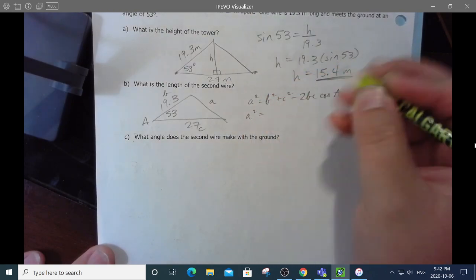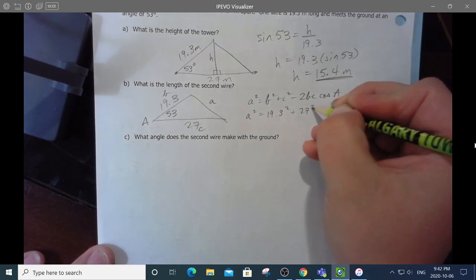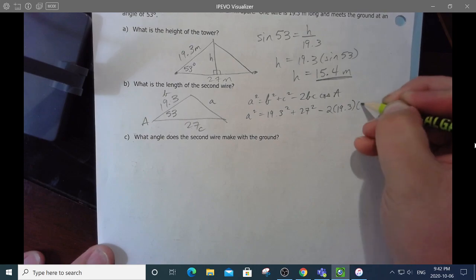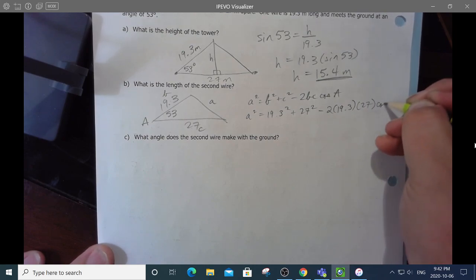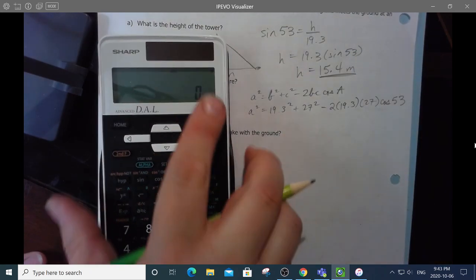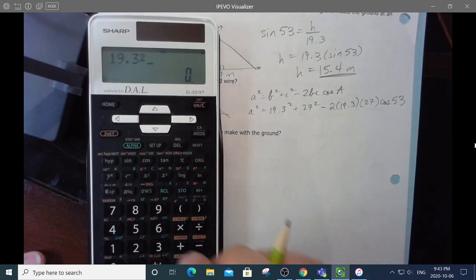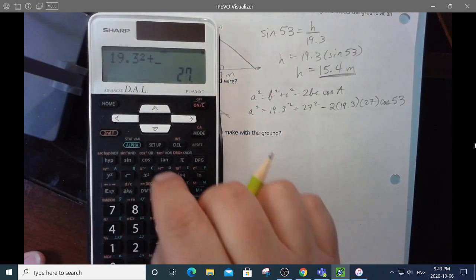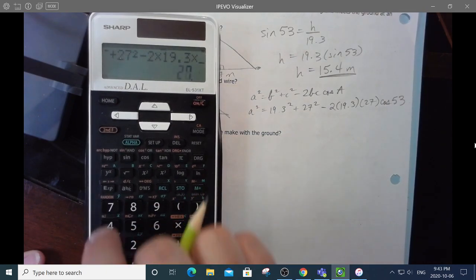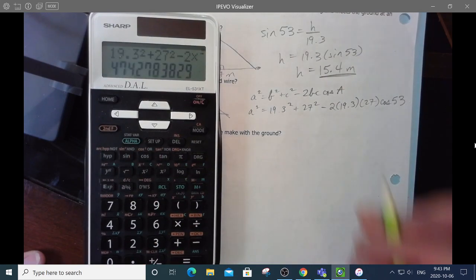So A squared is equal to 19.3 squared plus 27 squared minus 2 times 19.3 times 27 times the cosine of 53. Punch buttons, my trained monkey. Big equals.